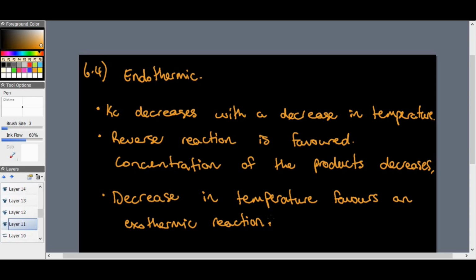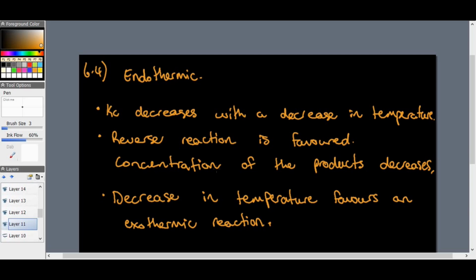In our explanation that we have here, the reverse reaction is favored when there's a decrease in temperature, a decrease in the Kc value with a decrease in temperature, the concentration of the products would decrease, but the concentration of the reactants would increase. But with the increase in temperature, the forward reaction would be favored, meaning the concentration of our reactants would decrease, but the concentration of our products would increase.